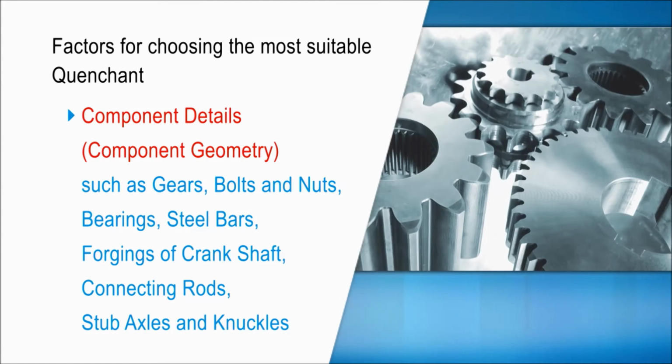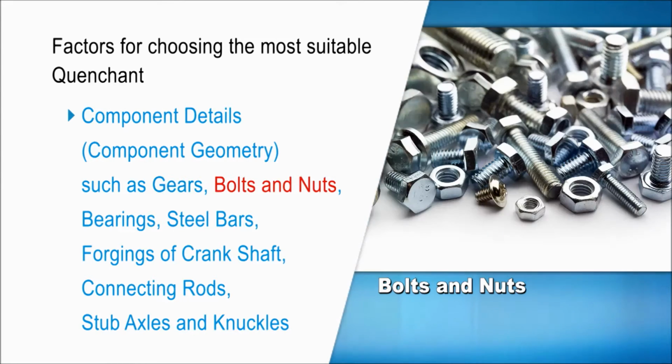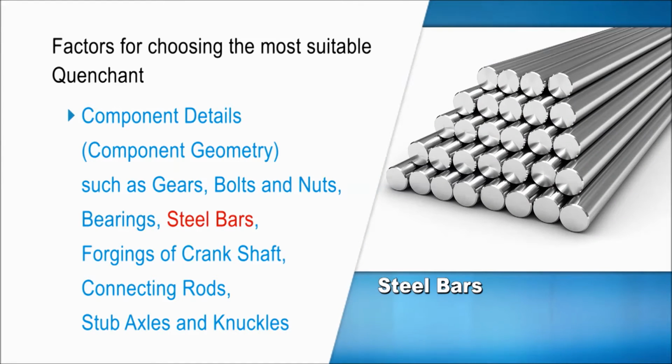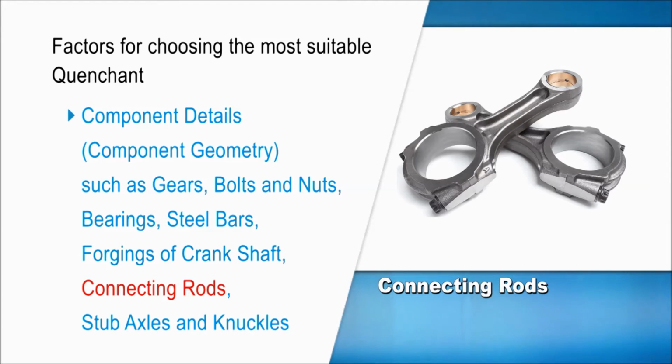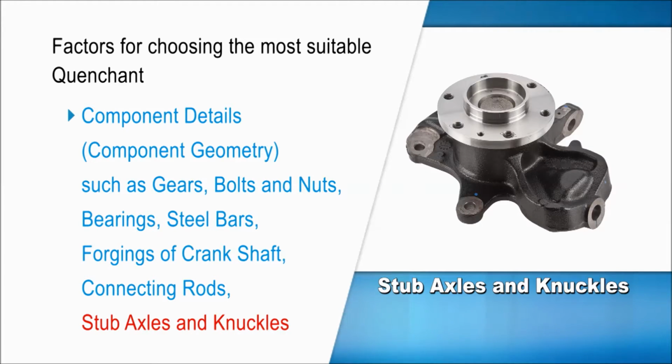Component details, that is, component shape or geometry such as gears, bolts and nuts, bearings, steel bars, forgings of crankshaft, connecting rods, stub axles and knuckles.